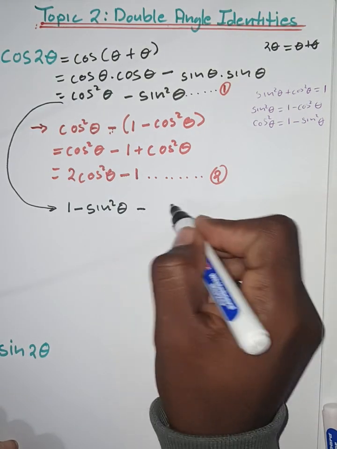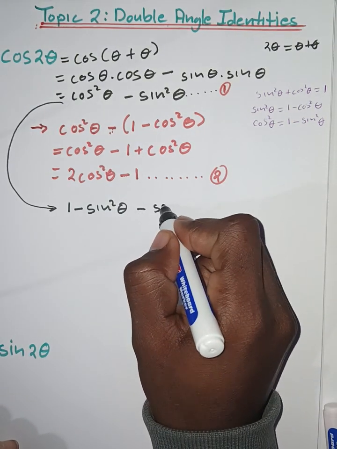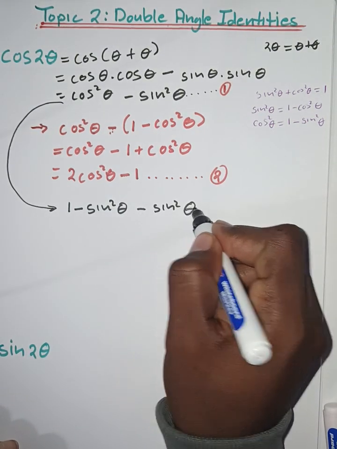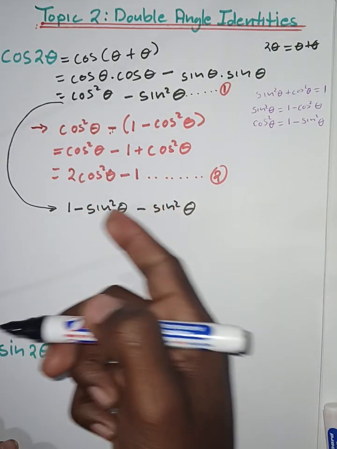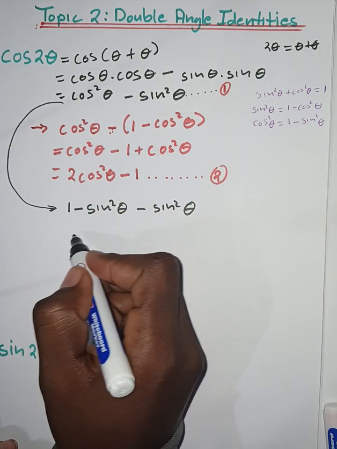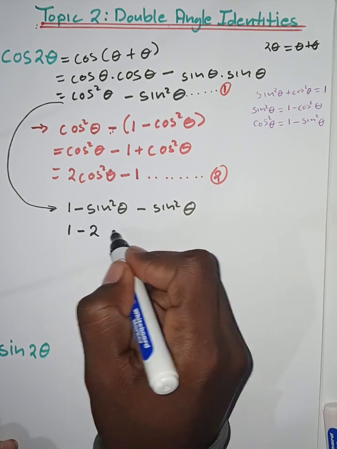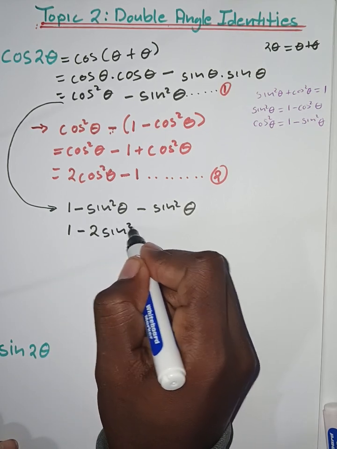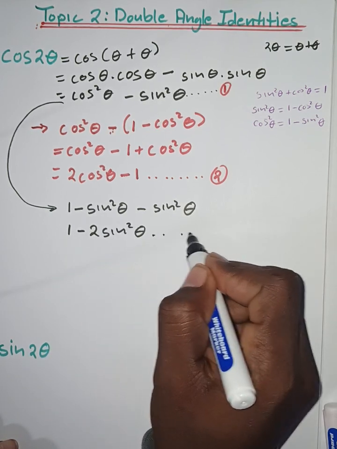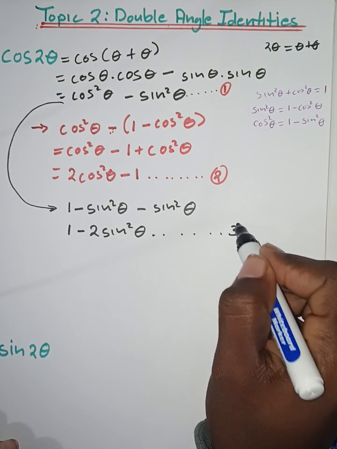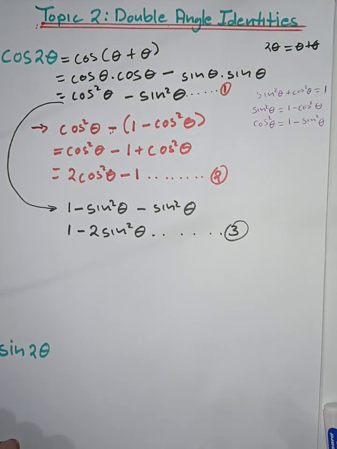So this would be minus again sine squared of theta. Now again, you can see those two are like terms, so I'm going to add them up. If I do that, I would have 1 minus 2 sine squared of theta. So this is the third version of the cos double angle identity.